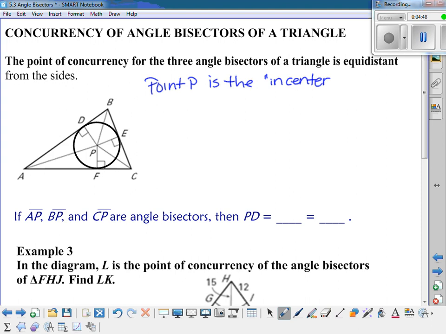The incenter is the point of concurrency of the angle bisectors. And so when the angle is bisected, then we know there's an equal distance to the sides.